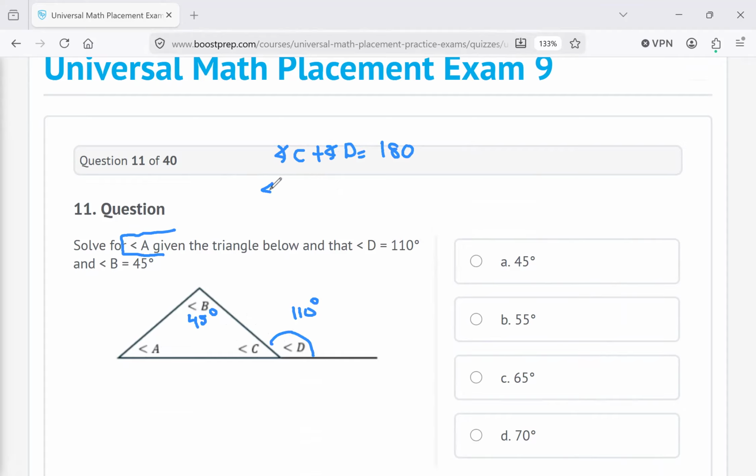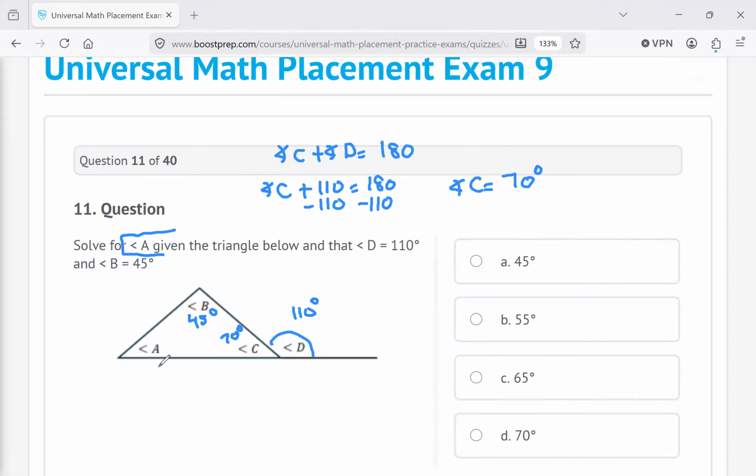Angle C plus angle D, which is 110, equals 180. All right, angle C is 70 degrees.